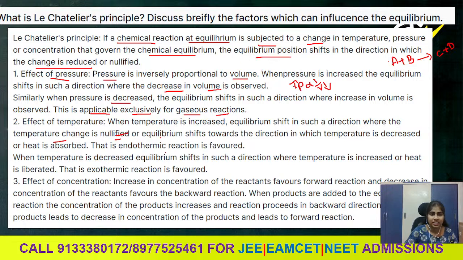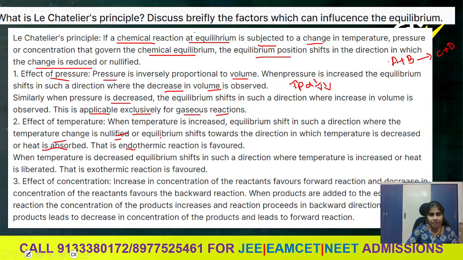Where the equilibrium shifts, there the heat is absorbed. This absorption of heat means the reaction will be endothermic. So when there is an effect of temperature, that reaction will be endothermic.